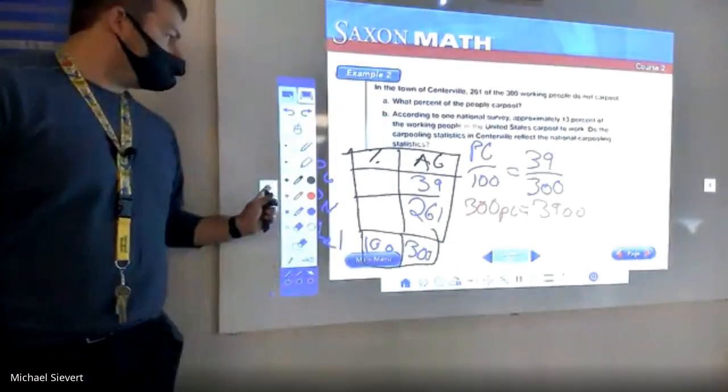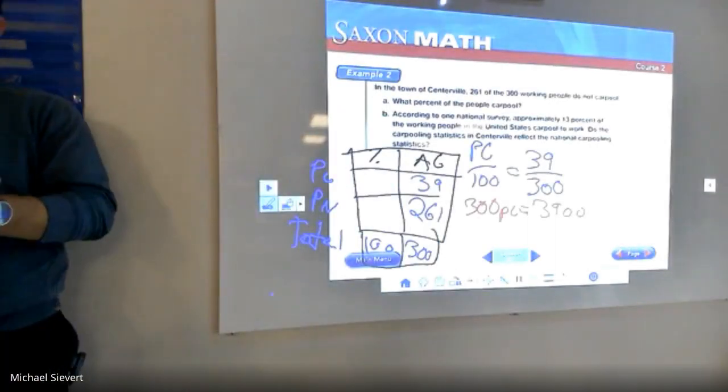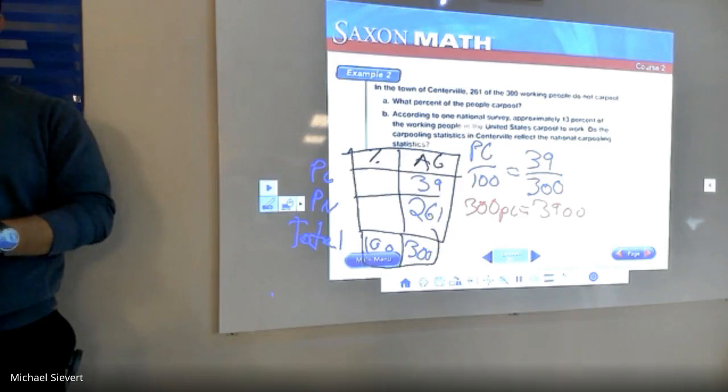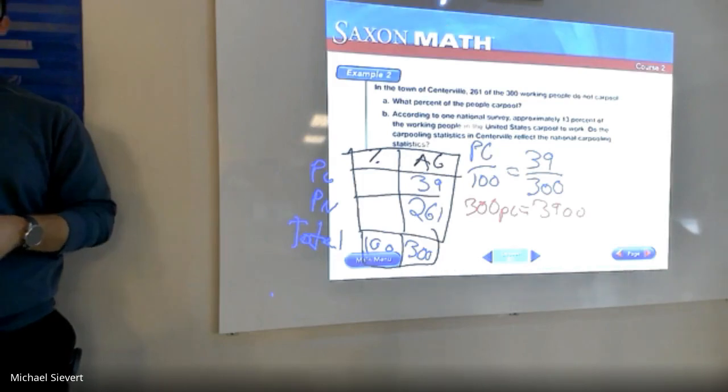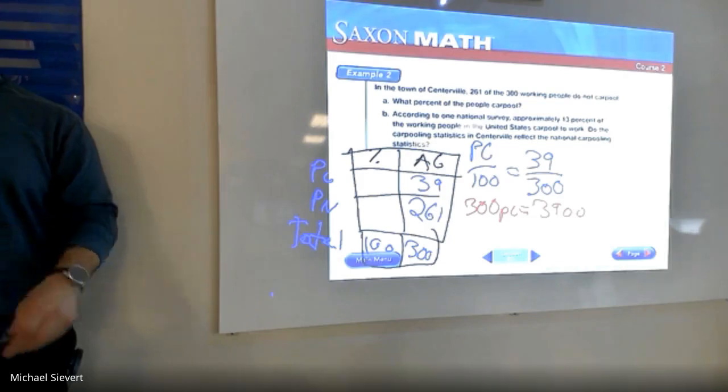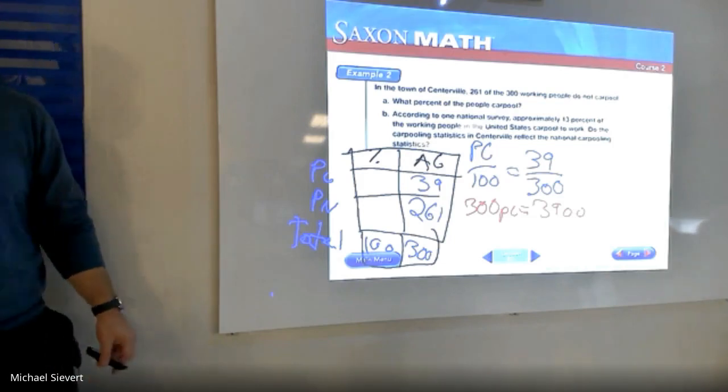Step 2. We cross multiplied, now we got to divide. William? We just cross multiplied, what do you do next? Correct, you divide.